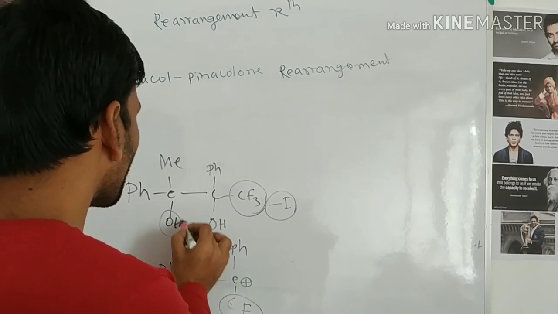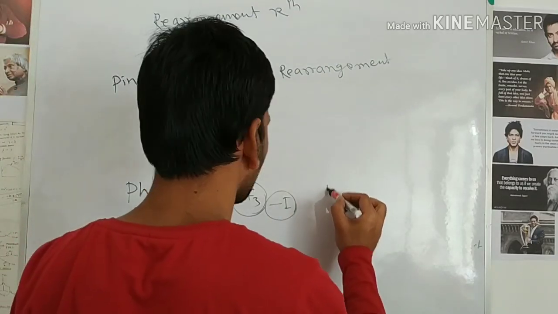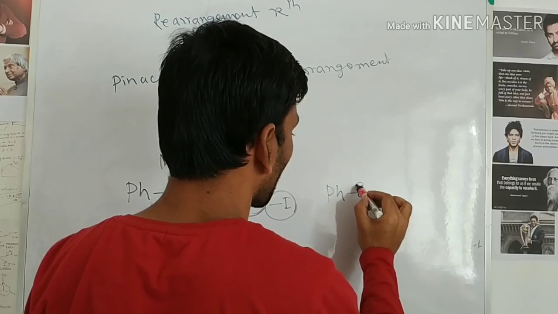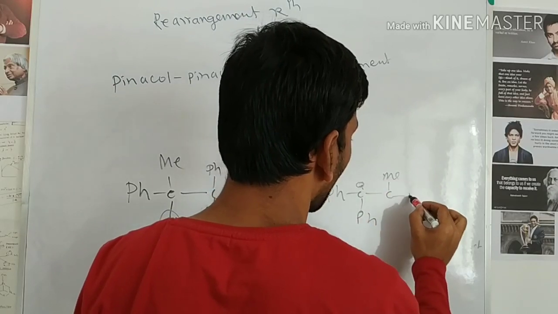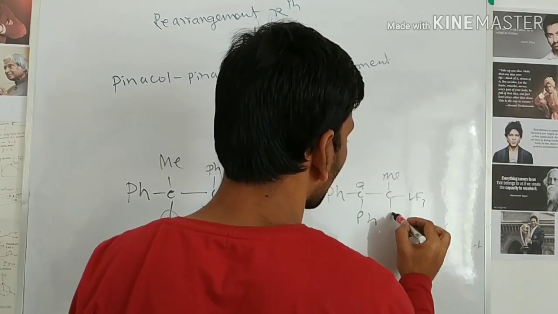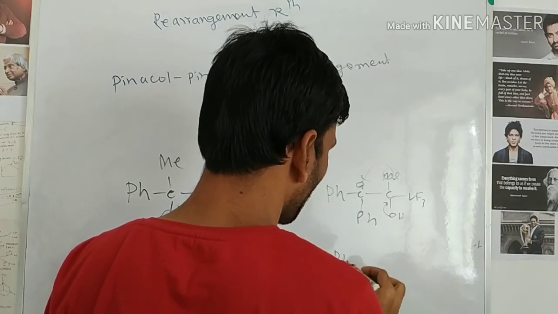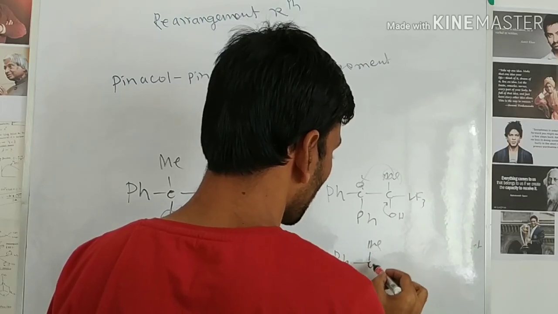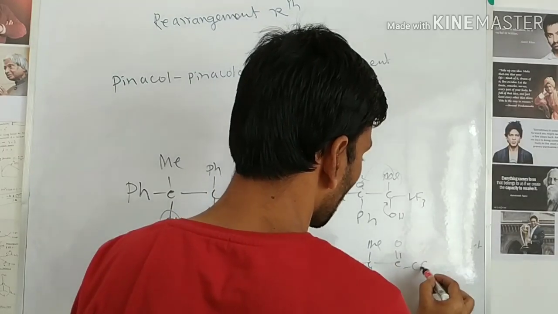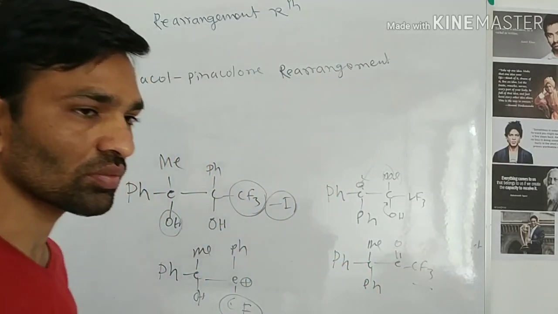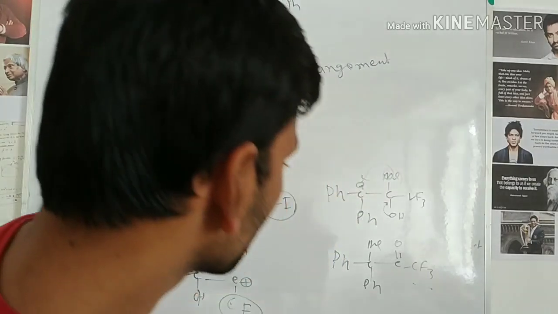So this OH group is first protonated to form the carbocation, and this methyl group shifts here to form the product. Now I have given some examples of this reaction.